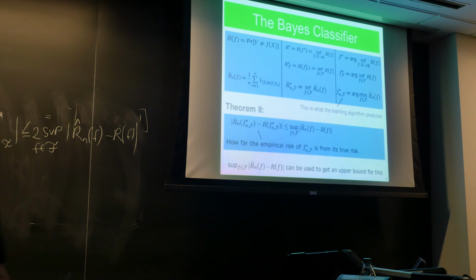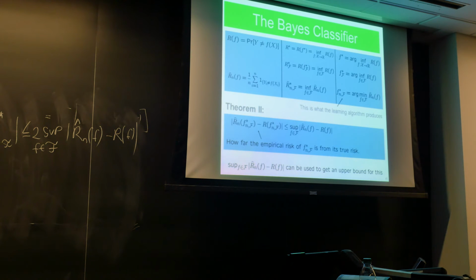And theorem 2 is the empirical risk of the function that my algorithm produces. So the algorithm produces f star n f.